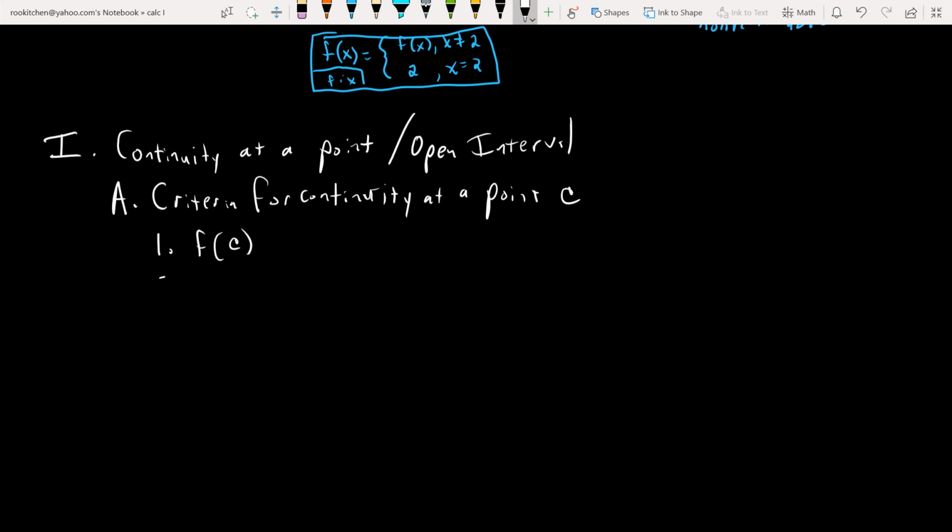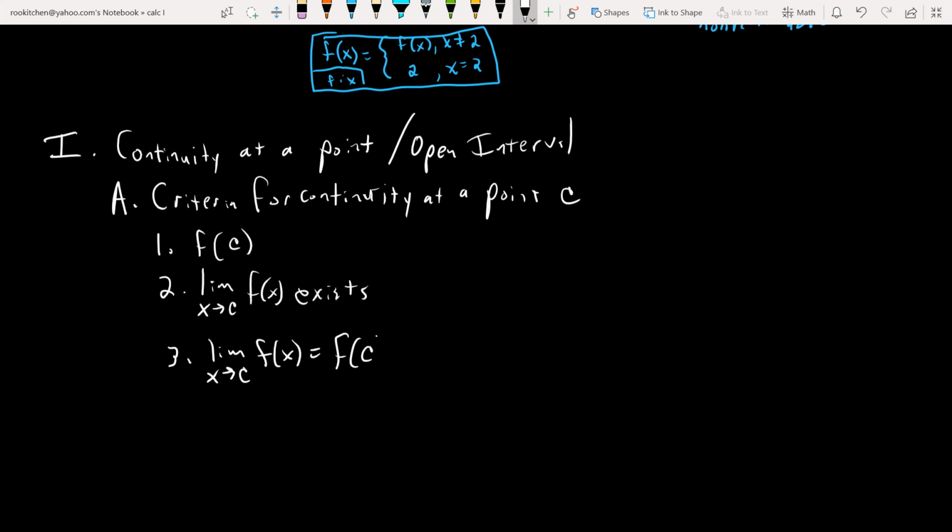Right? So there has to be something going on there. Secondly, the limit as x goes to c of f of x has to exist. And then thirdly, the limit as x approaches c of f of x, they want that to actually equal f of c.